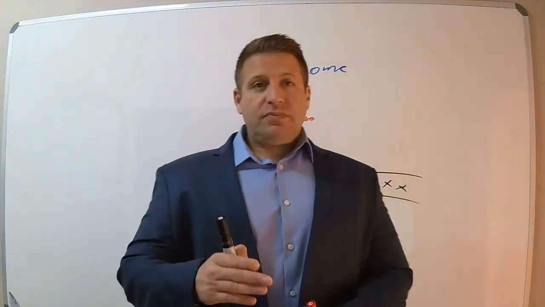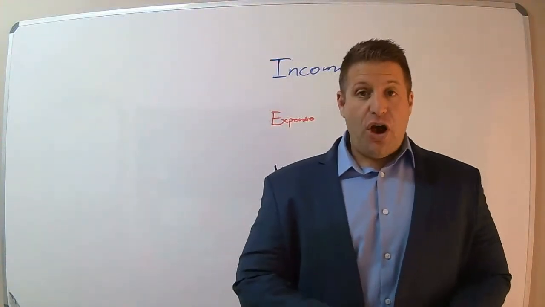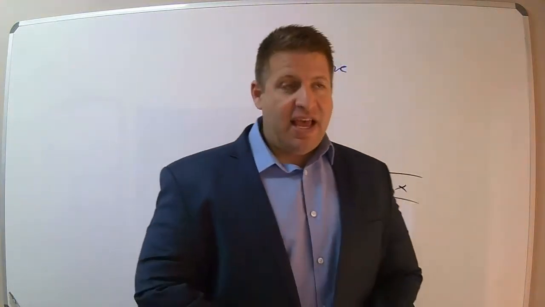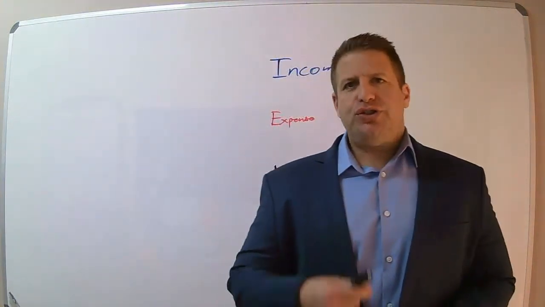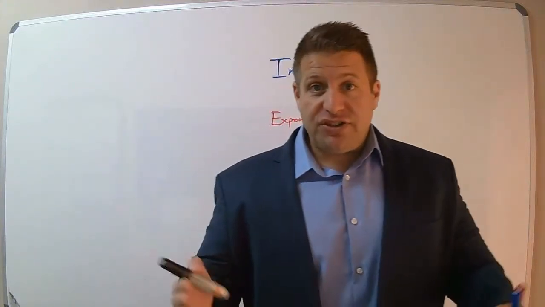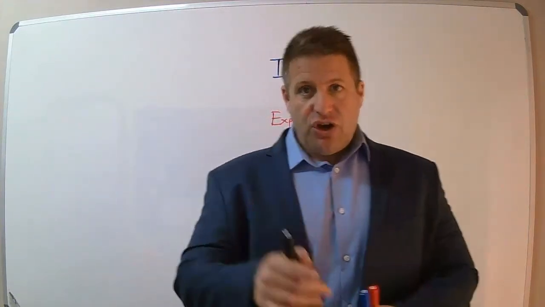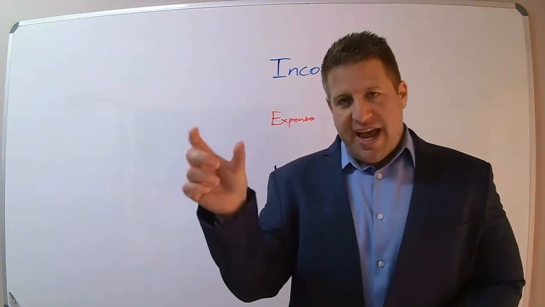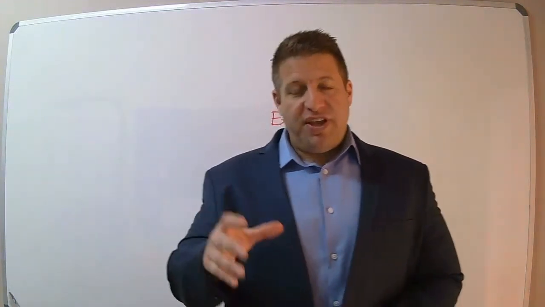So usually, let's just say you go buy a motor vehicle, and because you don't do many kilometers, your motor vehicle will last you 7 years, 8 years. But SARS will say you need to depreciate the motor vehicle within 5 years.